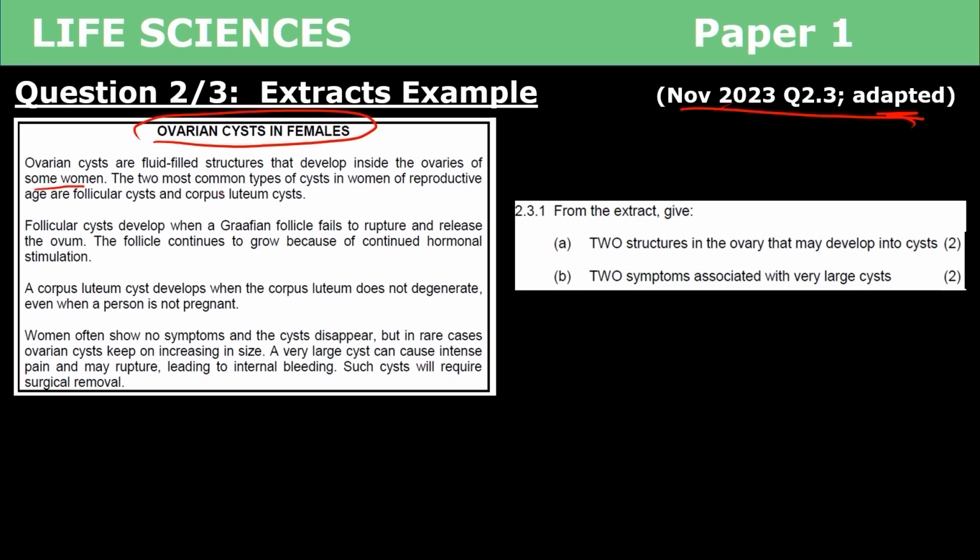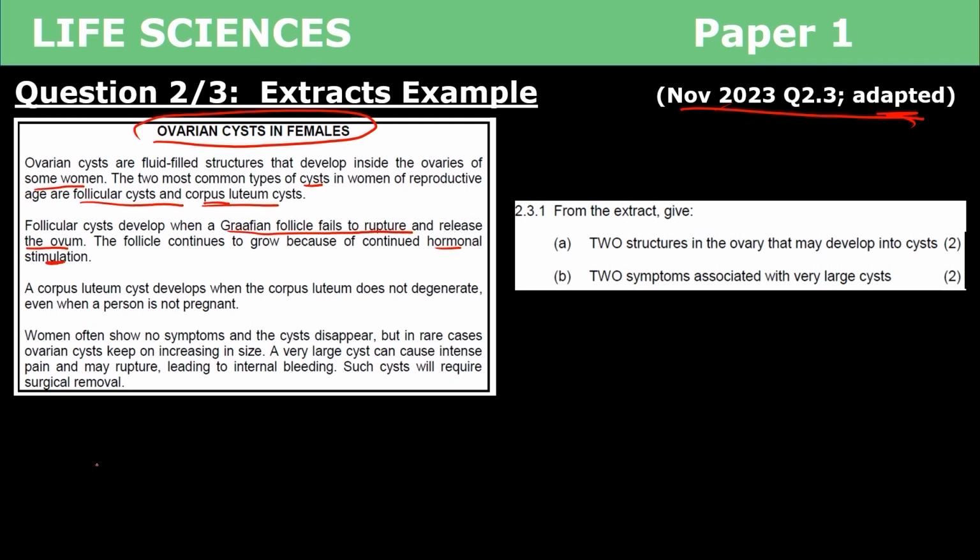The 2 most common types of cysts in women of reproductive age are follicular and corpus luteum cysts. Already there's some information that we know here. Follicular cysts develop when a Graafian follicle fails to rupture and release an ovum. The follicle continues to grow because of continued hormonal stimulation.